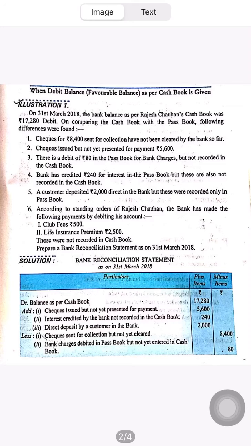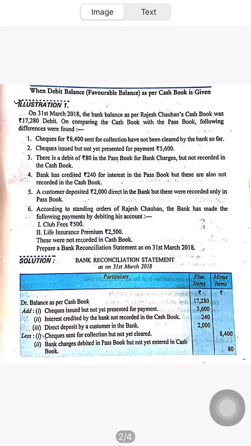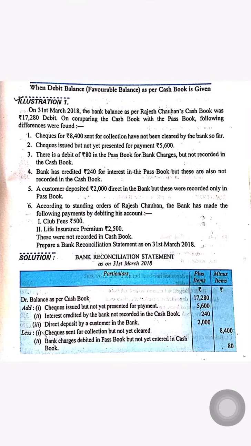Here you can see. First of all, debit balance as per cash book, this amount is written here. Then I have told you that 5,600, 240 and 2,000 will be in the plus column.